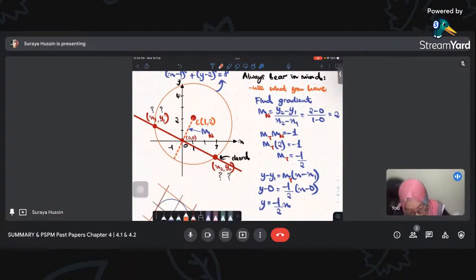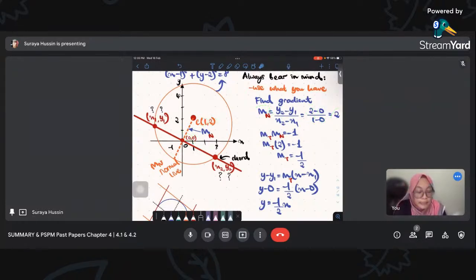You all kena faham yang ini adalah normal line. Jadi kalau normal line mestilah MN. Sebab itulah saya 2 tolak kosong, 2 tolak kosong, 1 tolak kosong. Dekat sini. So you kena faham, oh ini untuk normal.